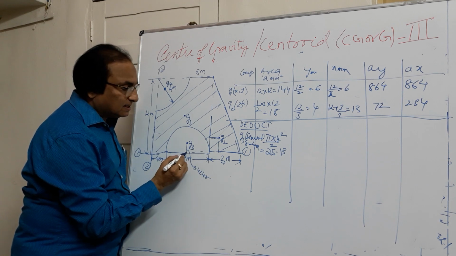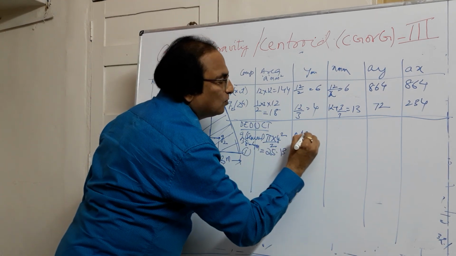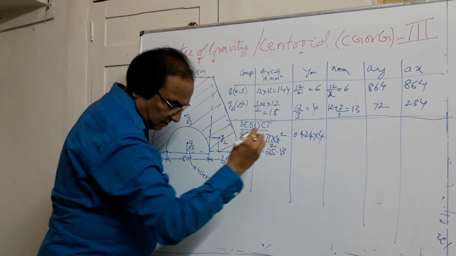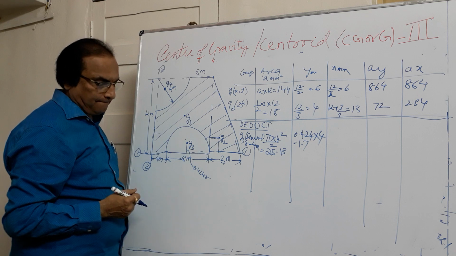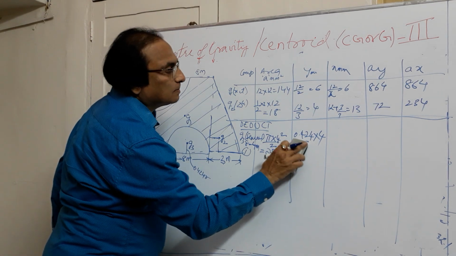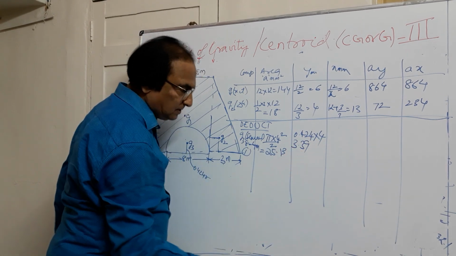But distance 1-1 is coinciding, so this distance will be directly 0.424 into r, r is 4 meters. If you simplify this, you get 1.7. 3.39. So this is the distance of the centroid.